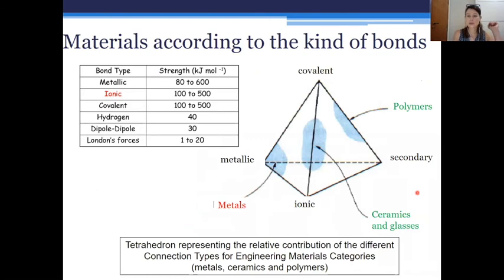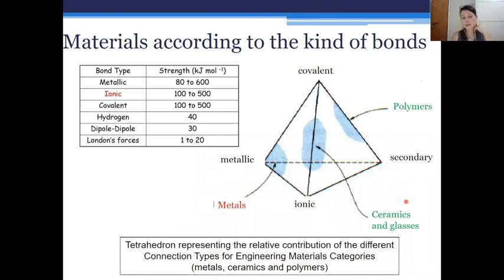So finally, to summarize what we saw in this class, materials have different kinds of bonds. In the case of polymers, we just talked about it: we will find covalent bonds along the chains and secondary bonds between two chains.